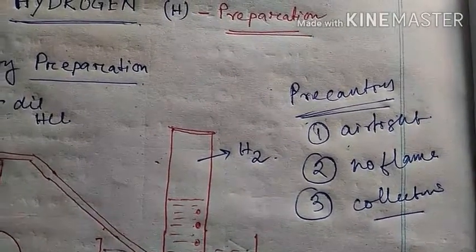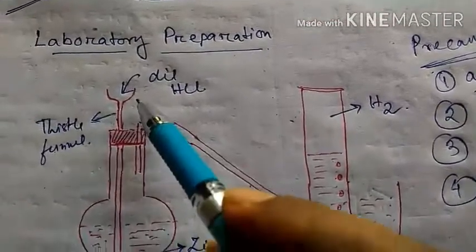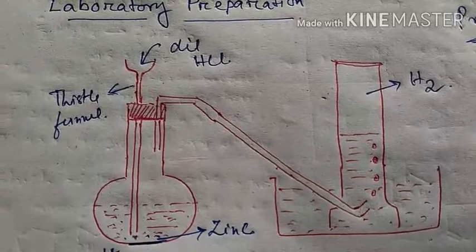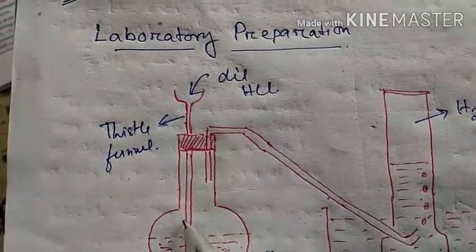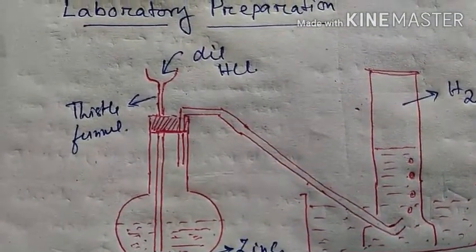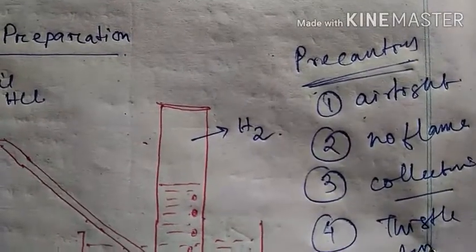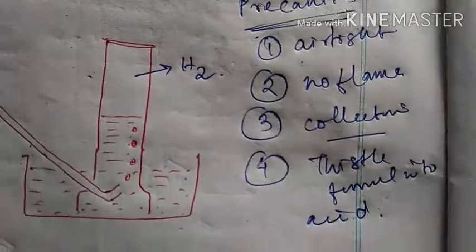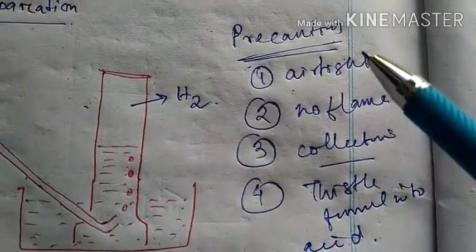The last point, the thistle funnel should be dipped under the dilute acid, because the produced gas may enter here and go out from the system. So the thistle funnel should be dipped into the acid. These are the four main points that should be taken as precautions.